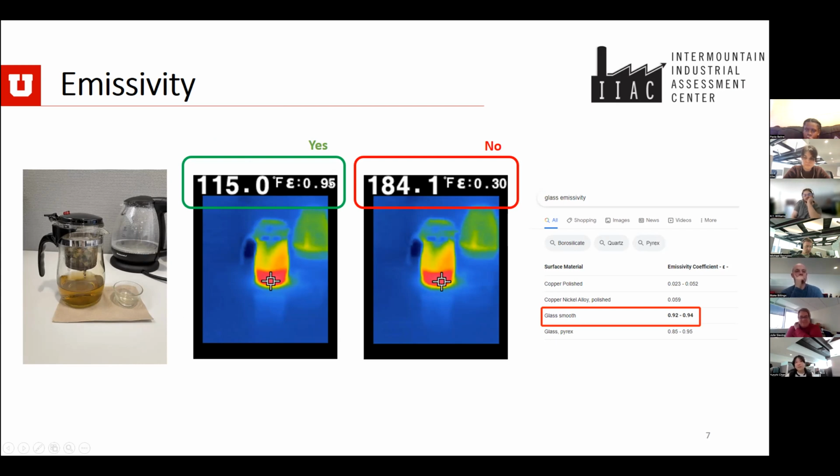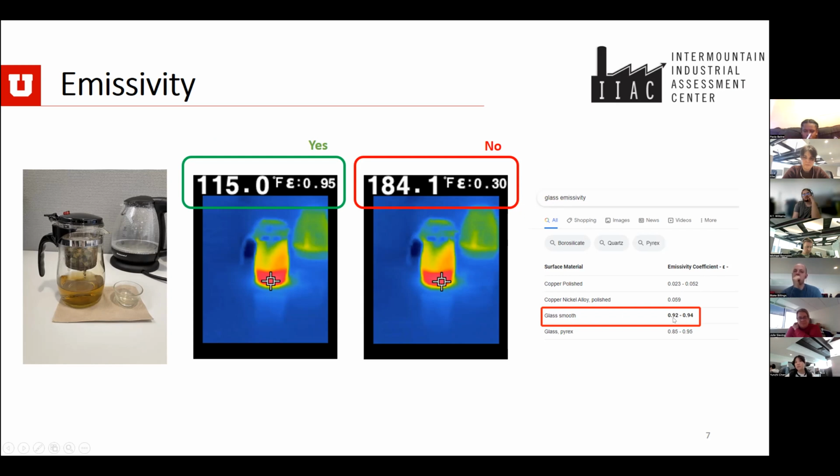If I set up the emissivity equal to 0.95, the temperature is 115 Fahrenheit degrees. But for the same teapot, if I set up the emissivity incorrectly, to 0.3, actually the temperature can go up to 184 Fahrenheit. So it does make a really big change. So you can see here, I Googled the emissivity of glass.